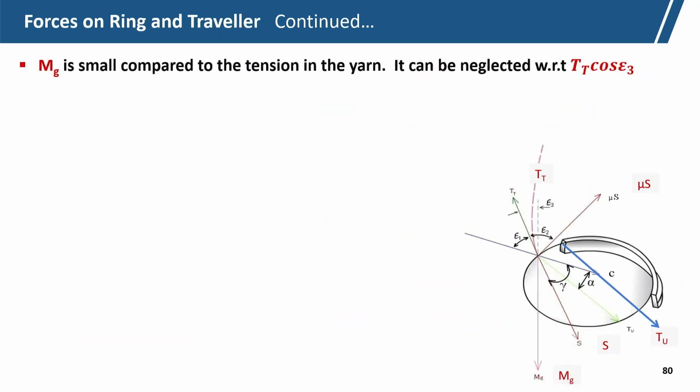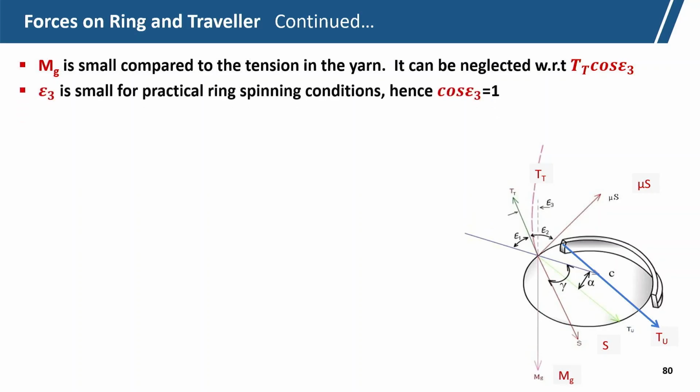And m g is small compared to the tension of the yarn, so it can be neglected with respect to T t cos epsilon 3. Epsilon 3 is also small in the practical sense.